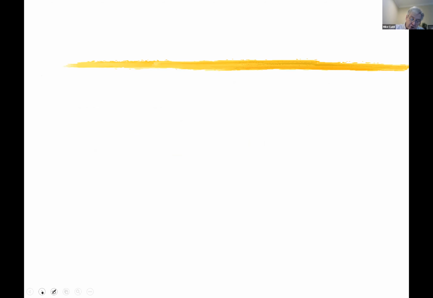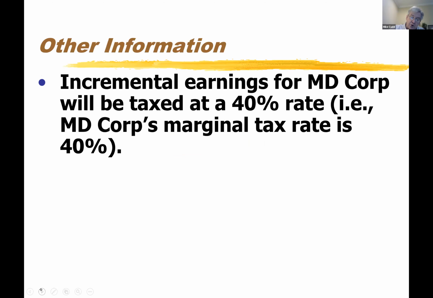Any additional earnings that our company generates will be taxed at a marginal tax rate of 40%. Your marginal tax rate's what's relevant in decision making. If you add more income, you want to know what rate will be applied to that additional income, and that's your marginal tax rate.